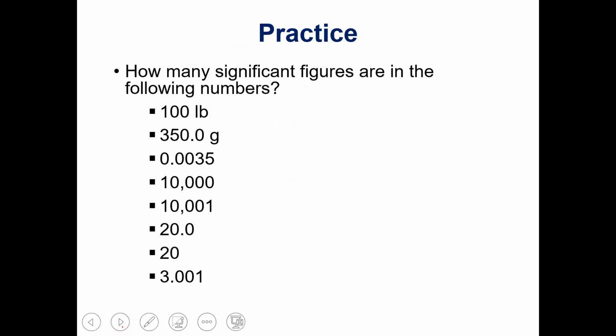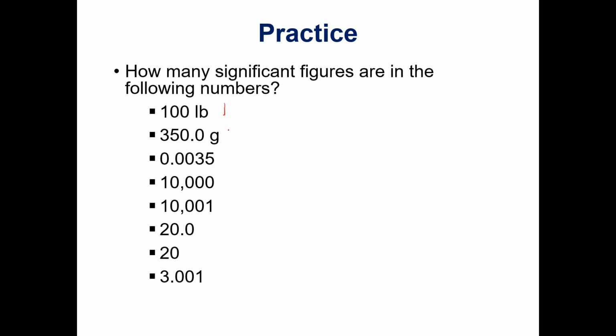So let's take a look at a few examples here. If we have the number 100 pounds, there's no decimal in this number, so those trailing zeros are not significant. So 100 pounds would only have one significant figure. 350.0 has a decimal, so those zeros are significant.